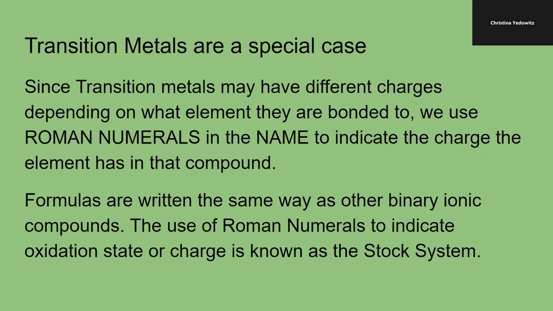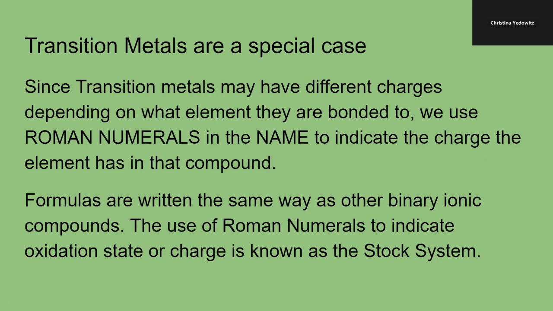Okay. I clearly said to you, Roman numerals are for transition metals. Any metal that has more than one option for its charge, you have to tell me in Roman numerals, but only in the name. Okay. In the formula, I can reverse engineer the charges and figure out what charge is on the transition metal.